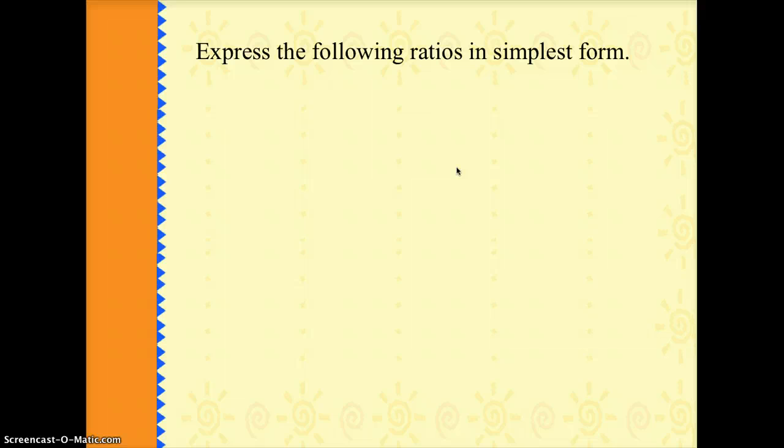Okay, express the following ratios in simplest form. Another example. If you're given fractions as your ratio, you can simplify them by multiplying both fractions by its denominator. For example, I will rewrite for letter A, 2/5 is to 3/5. I'm rewriting 2/5 down here, and I will rewrite 3/5 down here.